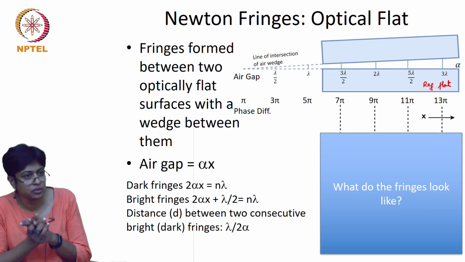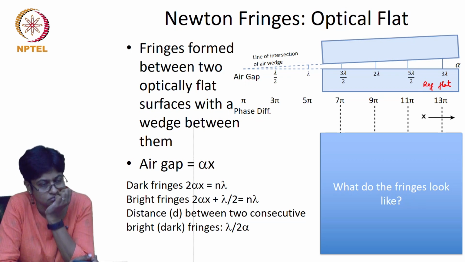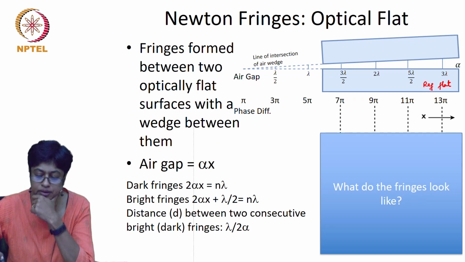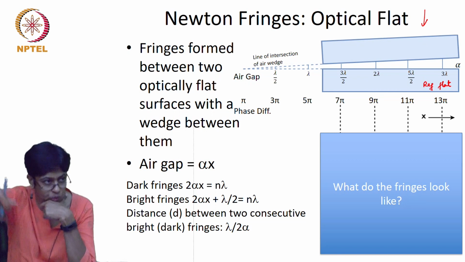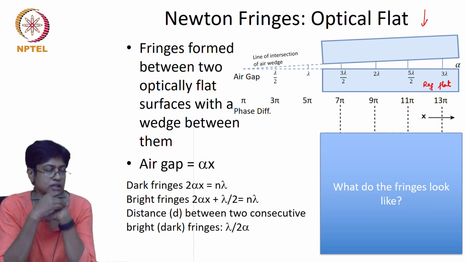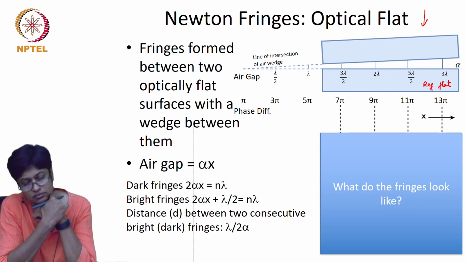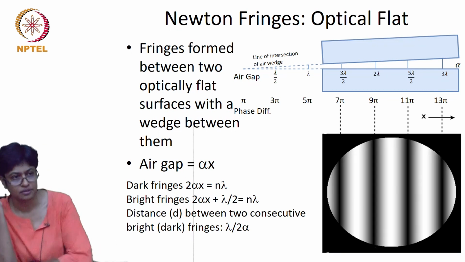What kind of fringes are we going to see? What do the fringes look like? You are looking from the top. So, this is a side view, and now I am asking you, look from the top. What are the fringes that you will see? Straight line fringes, right?